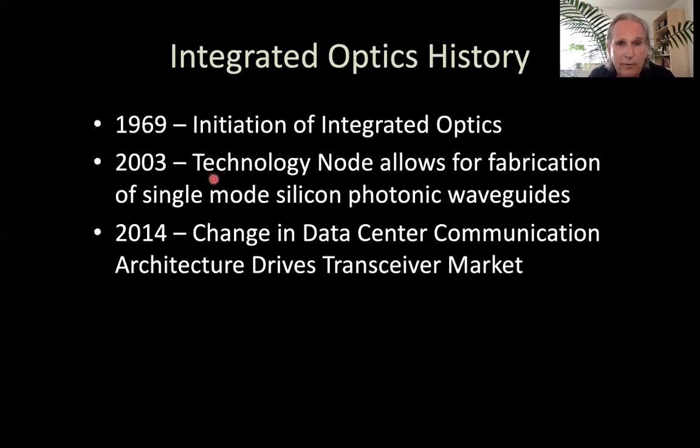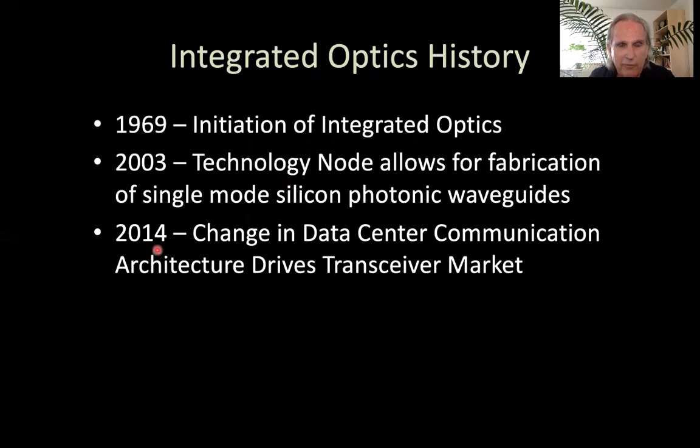Let's talk a little bit about how silicon photonics came about. People talked about using silicon as a material all the way back at the initiation, but it didn't happen until 2003. We'll see why. Once it happened, it happened with a vengeance, with a fury, because as soon as this happened, it meant we could automate all of the processes.